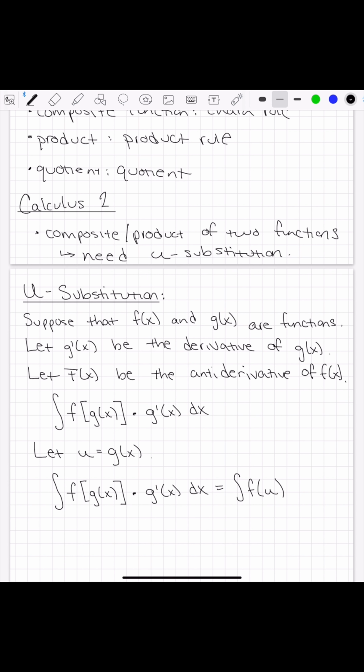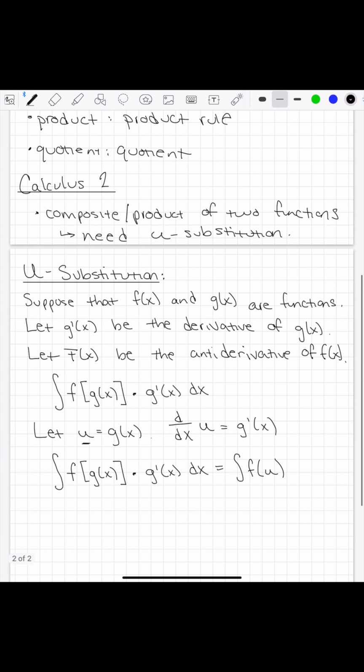Then we take the derivative of u. Remember that d dx is a notation for the derivative. We know that's equal to the derivative of g, because we're letting u be g of x.